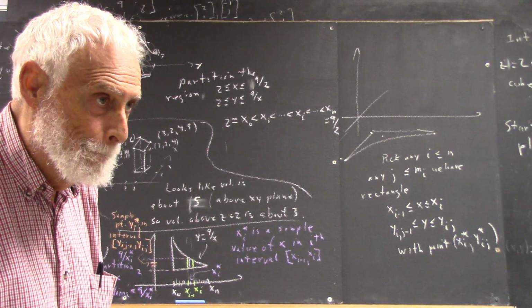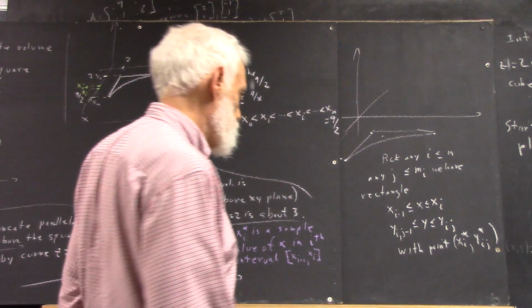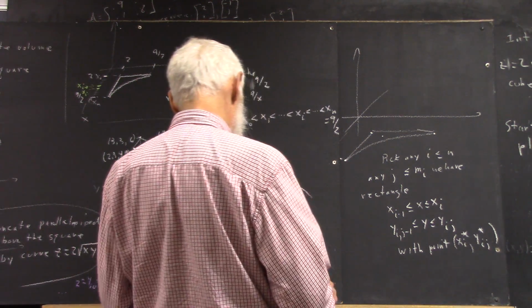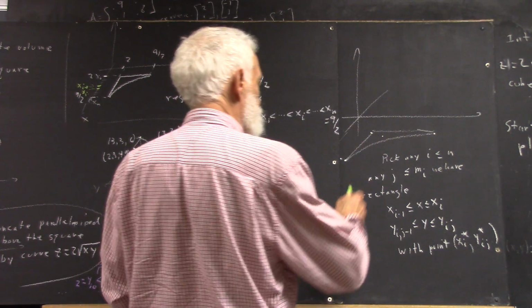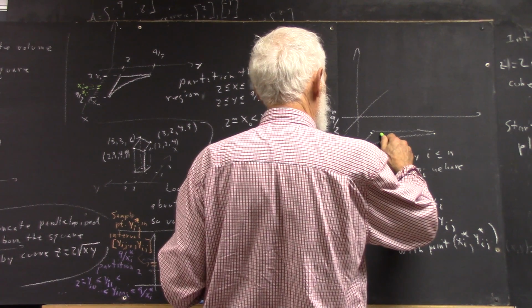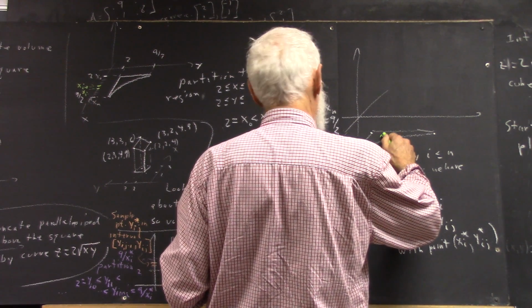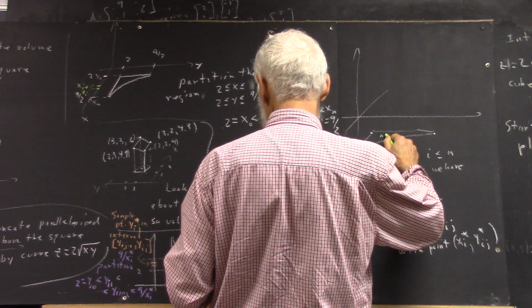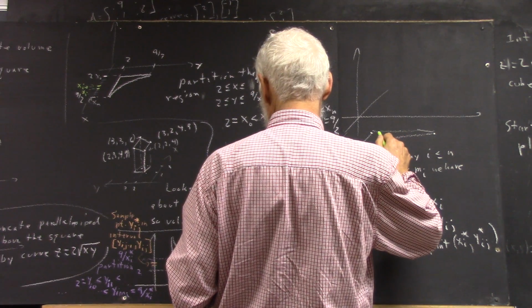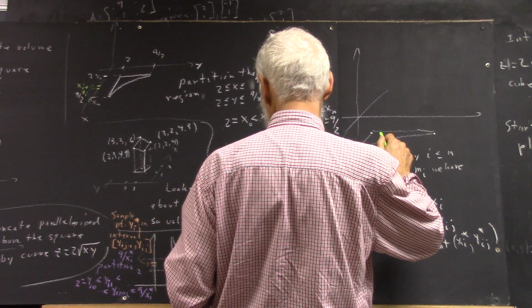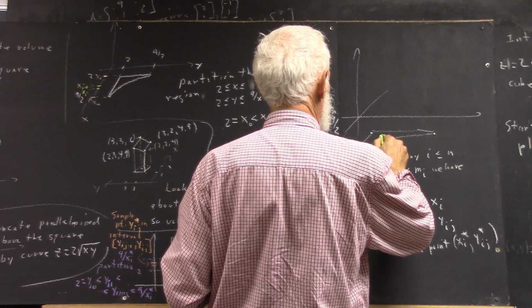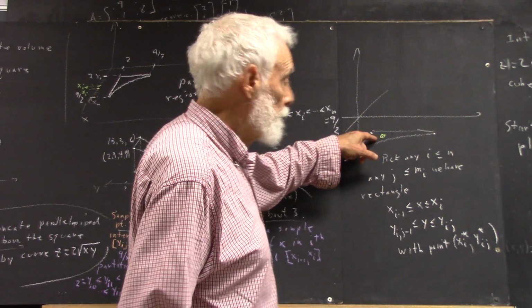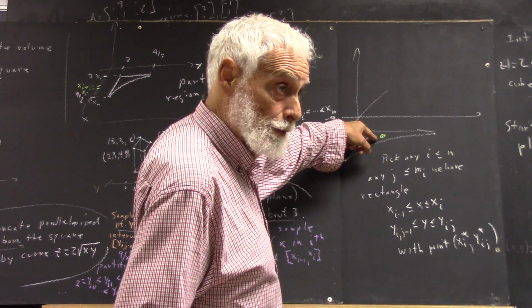Okay? So let's just say that here is that rectangle. I'm just going to make the whole thing green. I'm not going to worry about that. Okay, so there's our region.